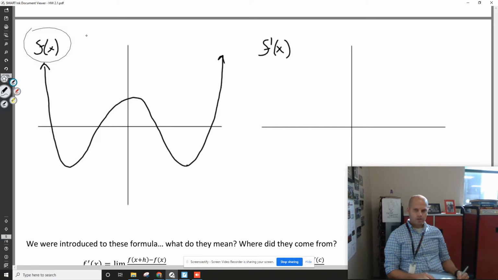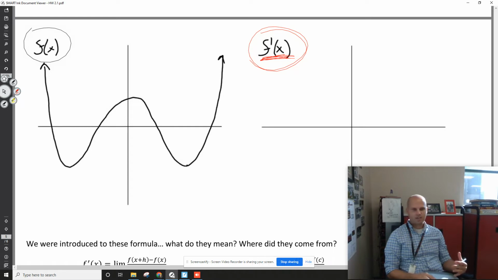What we are going to do in this class is say, okay, cool, you want me to analyze this function? Let me find the formula for its slopes, the formula for its derivative. Let me find the formula for the instantaneous rates of change of this function. And you're actually going to use this other equation. This other equation will then provide you information about this equation.